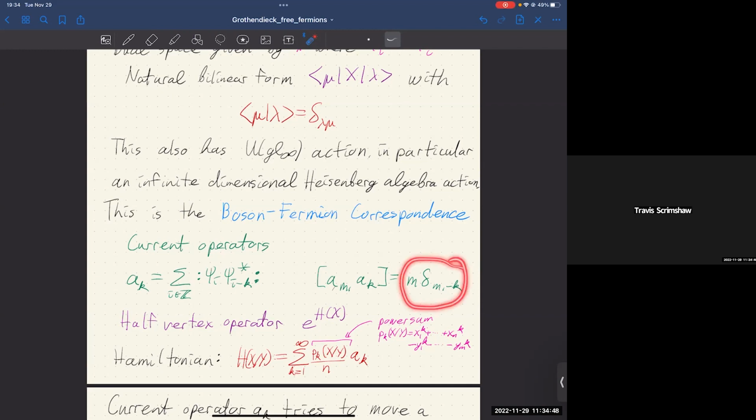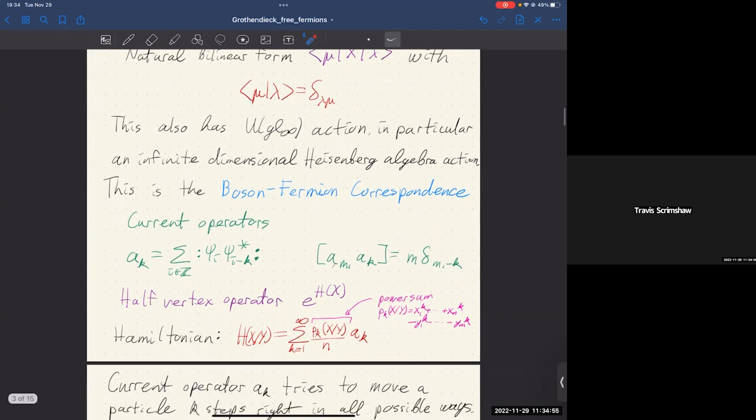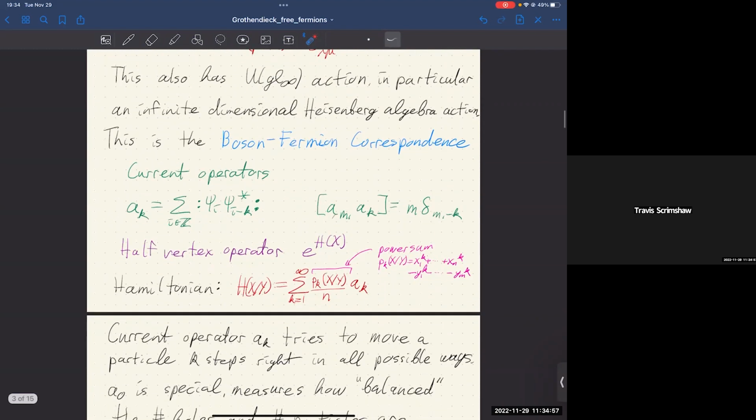And then I get a scalar, and this is my central element. And so using this, I can now build half vertex operators, which is just the exponential of this Hamiltonian here. So it has a not too bad definition, but it's still an infinite sum.